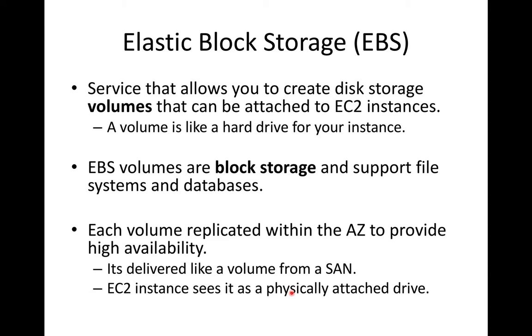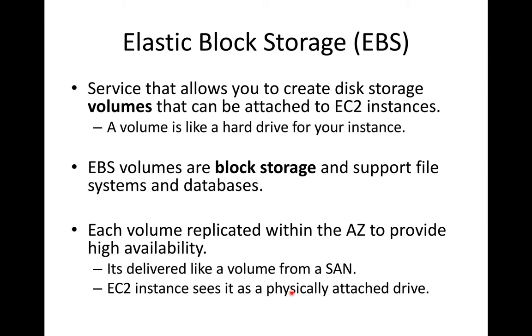Each EBS volume that you create is replicated within the availability zone that the EC2 instance is launched into, and that replication provides high availability. A common question you might ask is, if you lose the availability zone, do you lose your data? Well, you would lose access to your Elastic Block Storage volume if the availability zone went down.